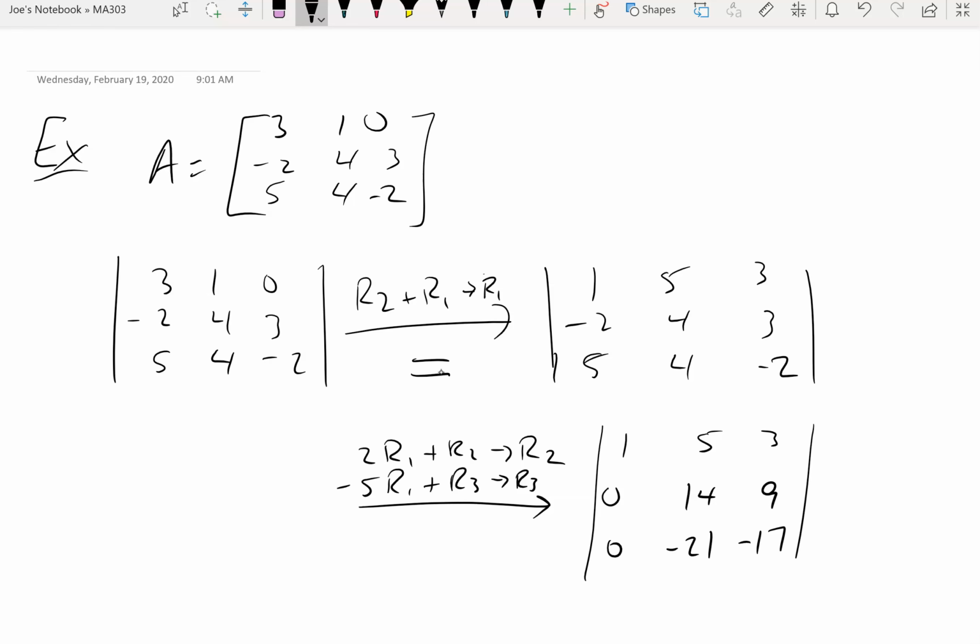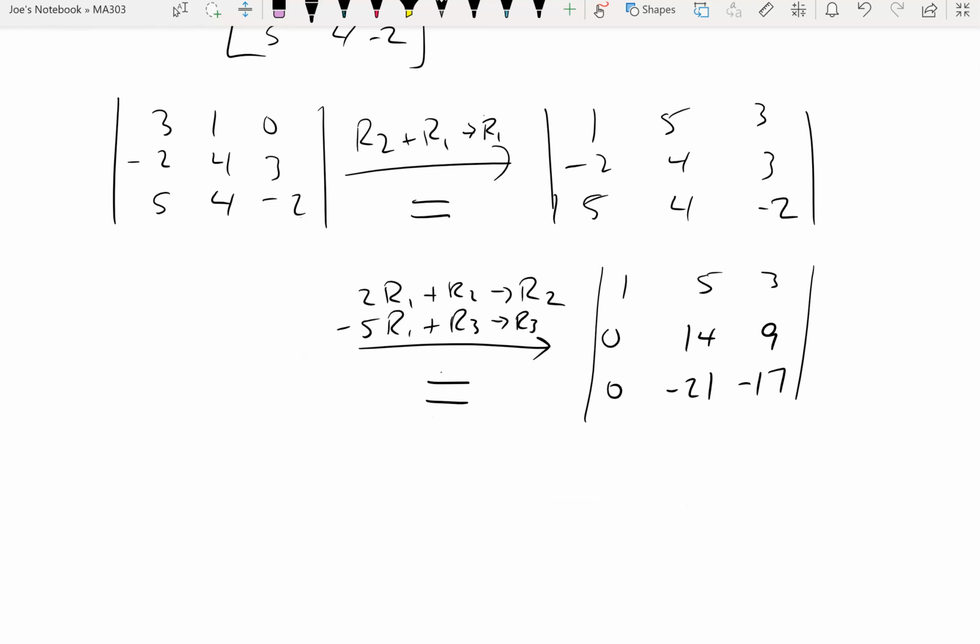Again, if I did my arithmetic correctly. So, again, how did that change the determinant? It did not. Good. They're the same, right? Didn't do anything at all.